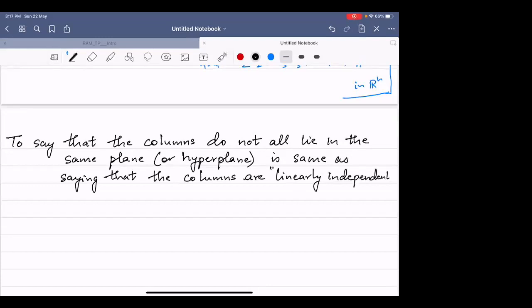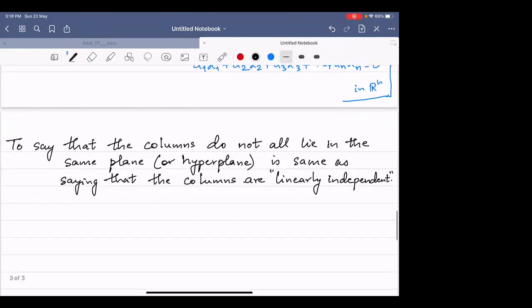This is one way of saying it. Or you can put it in one more way.